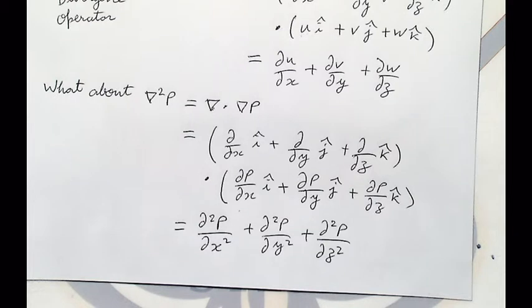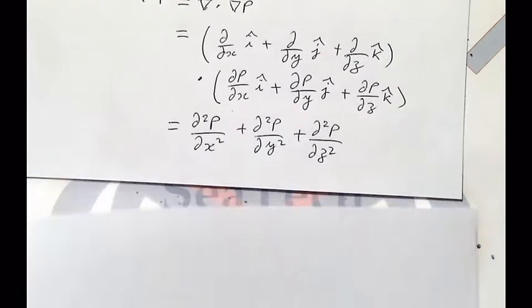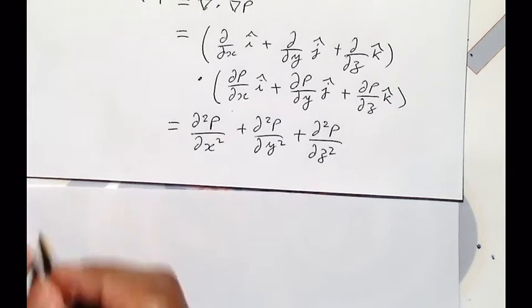Okay, so manipulating gradients and divergence and derivatives of a scalar is relatively easy. Pressure is a scalar here. With the Navier-Stokes, we have to do these things with the velocity vector. It becomes slightly more involved, but conceptually it's exactly the same. Okay, so let's see what happens.